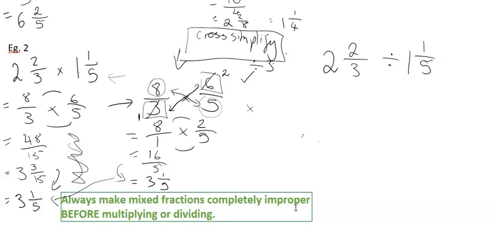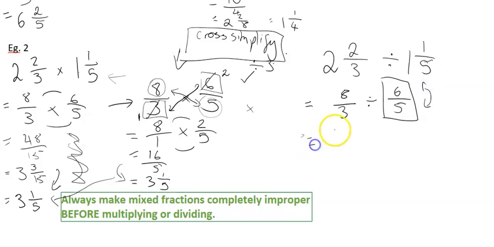Okay, lots of exciting maths going on. The last division, last thing that we do, absolutely that same step applies, making everything improper, and it's still division, 6 over 5. Remember, we always take the second fraction, we flip it, get the reciprocal, 8 over 3 multiplied by 5 over 6, and we cross simplify where possible, okay?